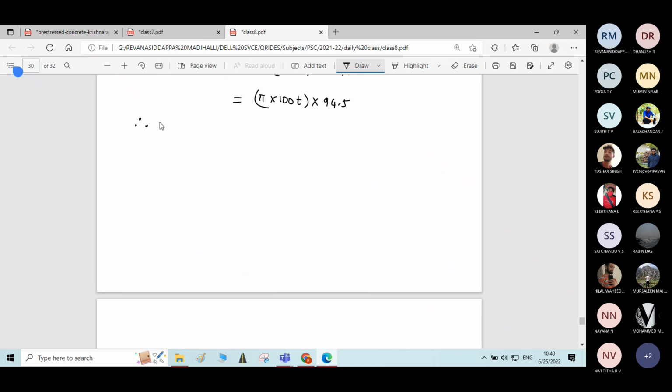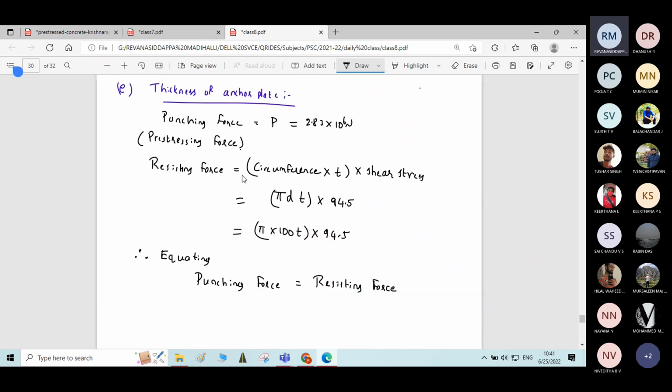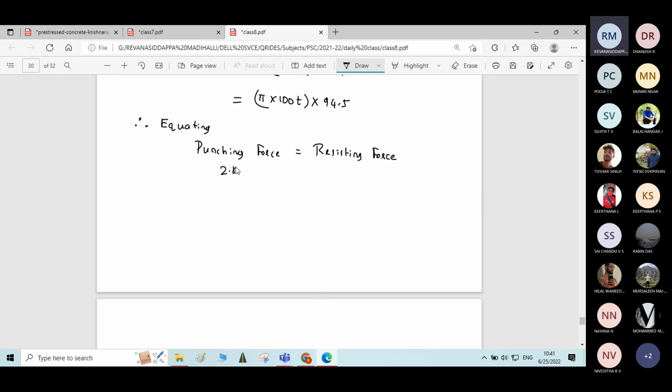Therefore, equating punching force and resisting force: the punching force is the pre-stressing force 2.83 into 10 power 6, and the resisting force is pi into 100 T into 94.5.